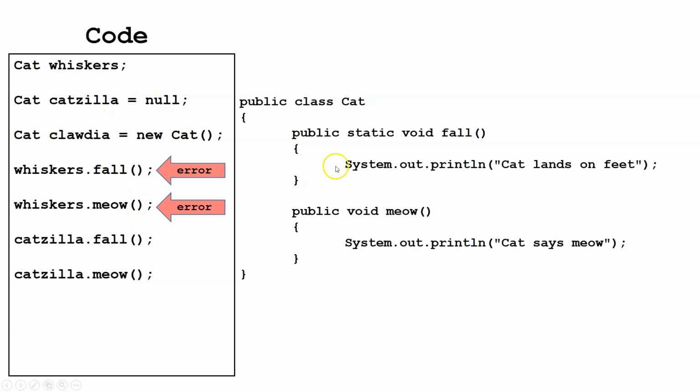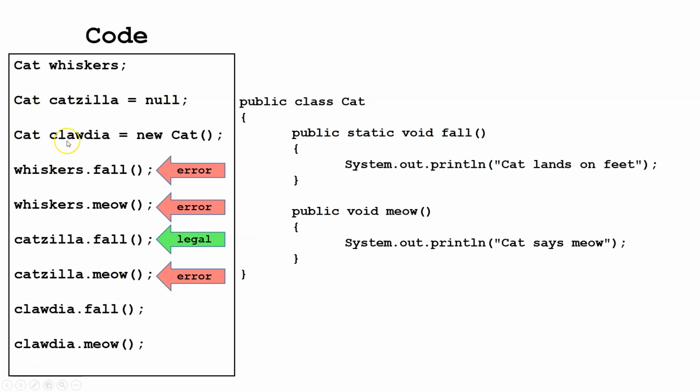Since fall is a static method that belongs to the class, we can actually call it from a variable defined as null. On the other hand, meow is a non-static method, so we can't call it from a variable defined as null. Finally, we have our variable Claudia, which is pointing at a Cat object. In this case, we can call either fall or meow.